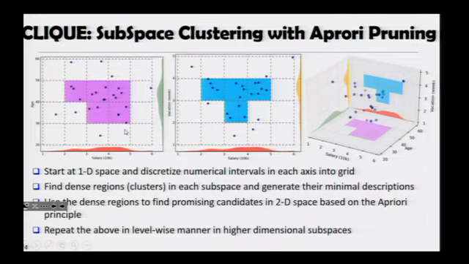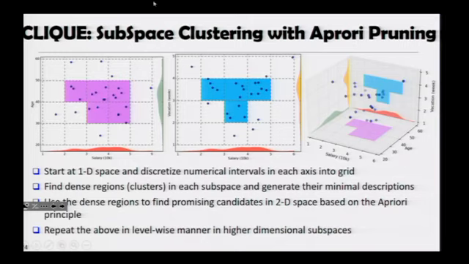The next step for CLIQUE is to find some dense regions in each subspace and generate their minimal descriptions. So not only do they form this cluster, they also pre-compute some statistical information for those clusters in this 1D space.